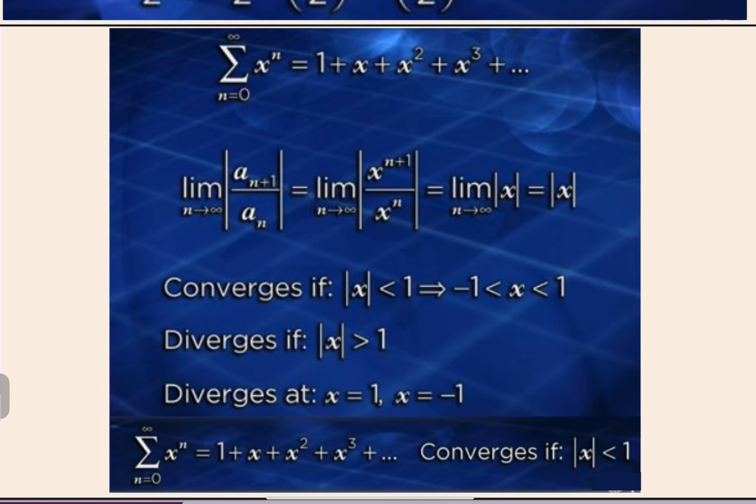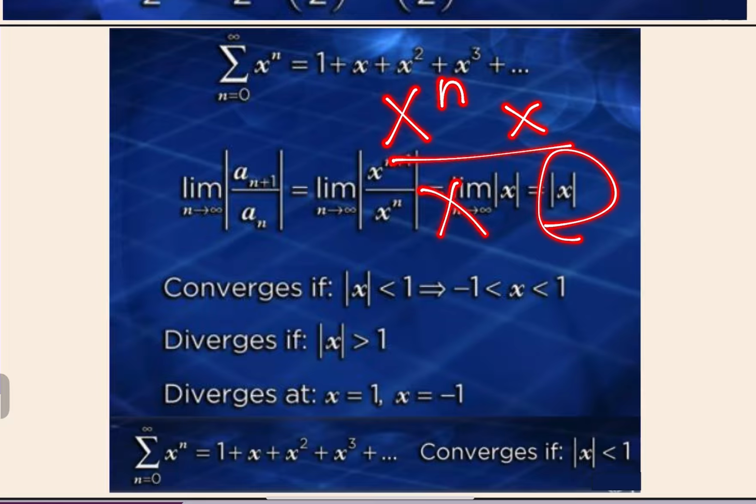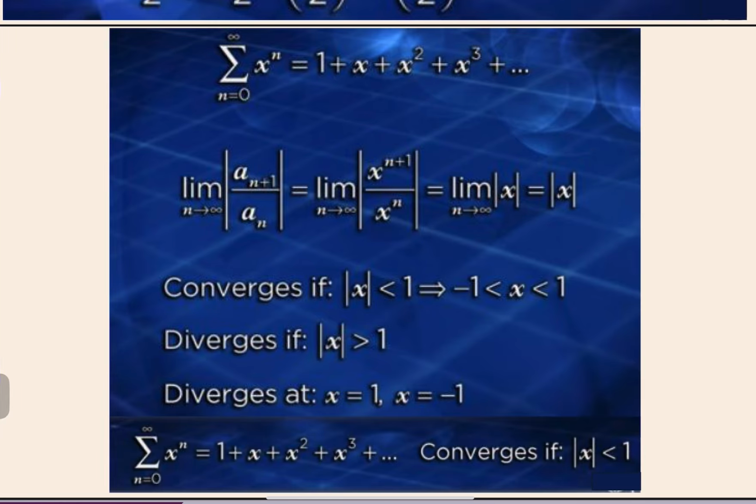So it's the limit of the absolute value of x. Why x alone? Because when this is simplified, x to the n times x over x to the n, the x to the n cancels out, so we're down to the absolute value of x.